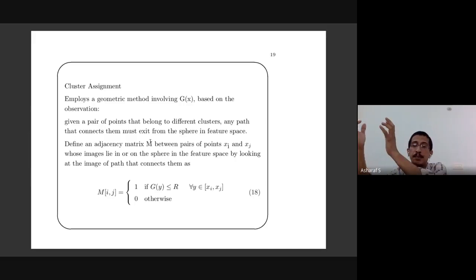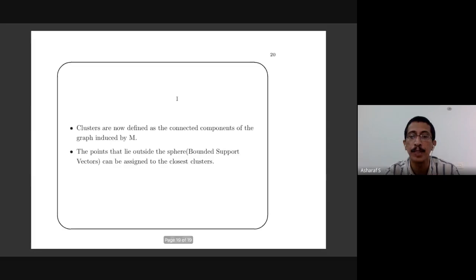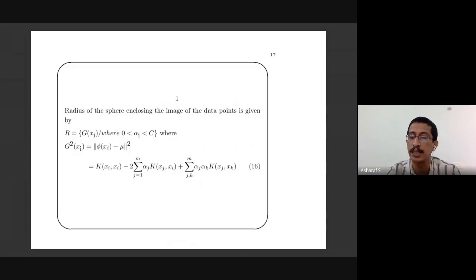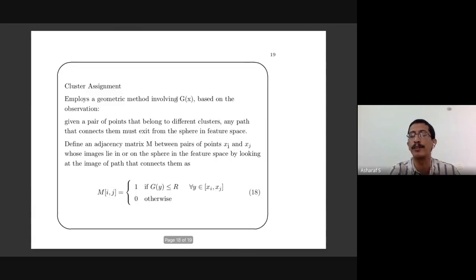I've got an MEB in the feature space, and I have an expression for g(x), which we know already. So for every sampled point between xi and xj, I can find g(x). For any pair xi and xj, I sample 100 points in between and check the distance of each from the center of the feature space MEB, which is essentially g(x).